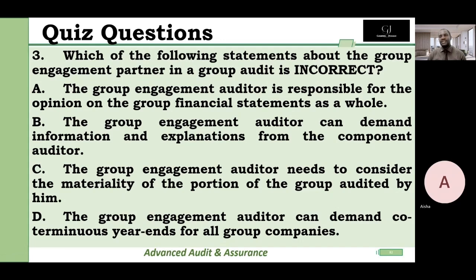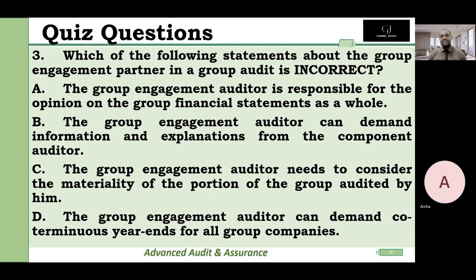Number 3, which of the following statements about the group engagement partner in a group audit is incorrect? A, the group engagement auditor is responsible for the opinion on the group financial statements as a whole. B, the group engagement auditor can demand information and explanation from the component auditor. C, the group engagement auditor needs to consider the materiality of the portion of the group audited by him.